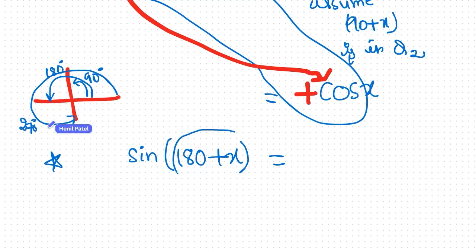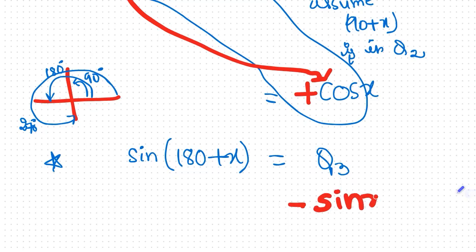So when I say 180 plus x, it lies in what quadrant? Third, Q3. So the sign will be positive or negative? Negative. So this answer will be negative, negative of sin x.